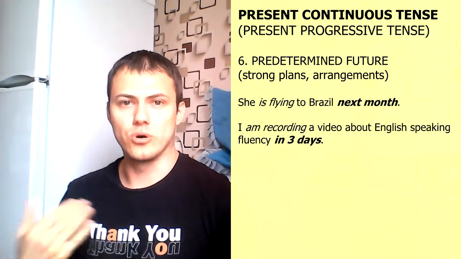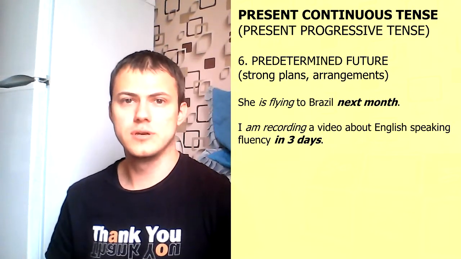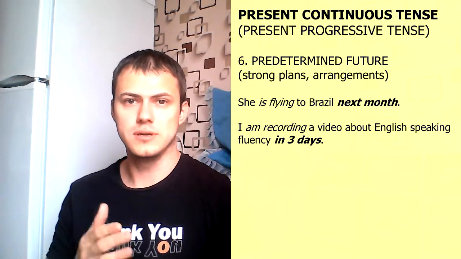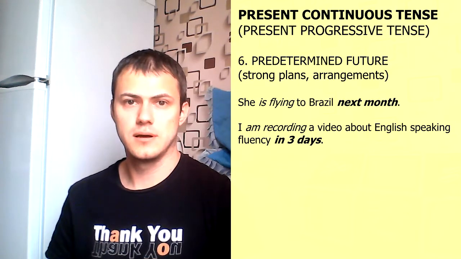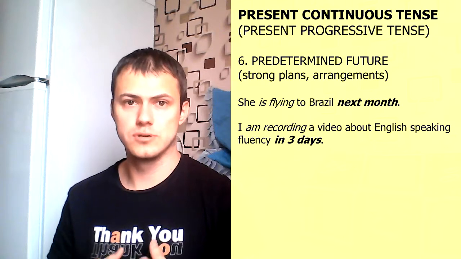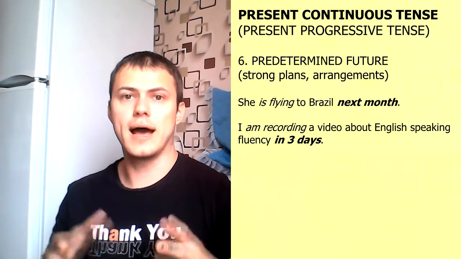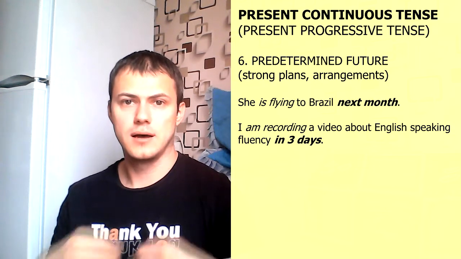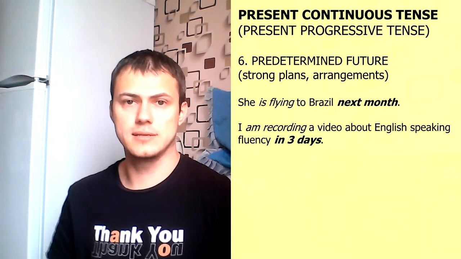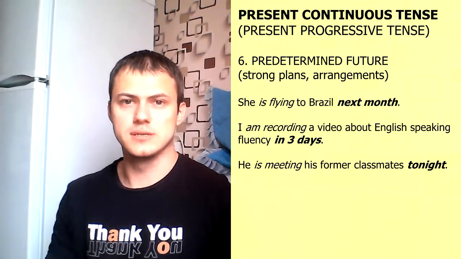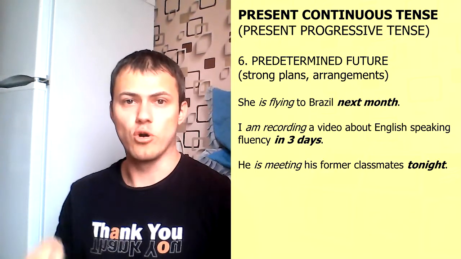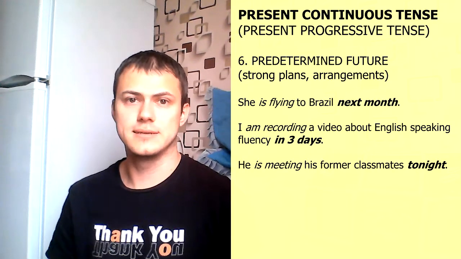I'm recording a video about English speaking fluency in 3 days. I've decided to do it. I know this is going to happen, and I can use the present continuous tense. He's meeting his former classmates tonight.